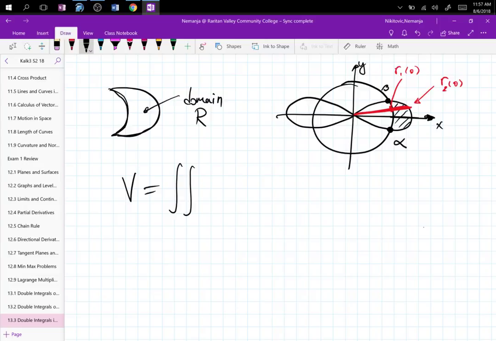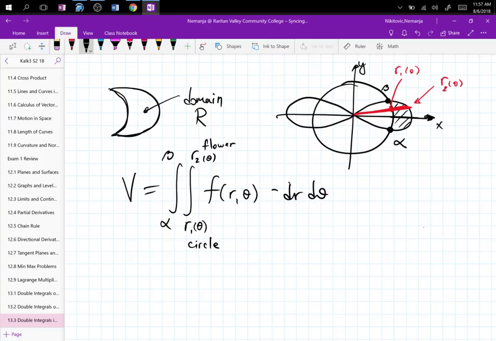Simple in this case meaning you will have to solve a trigonometric equation to calculate alpha and beta. So we have alpha and beta. Then we have our R1 of theta, which is the circle. Then we have R2 of theta formula, which is the flower. Whatever the shape of the object is on top of this domain, r d theta. That's the way you deal with this.